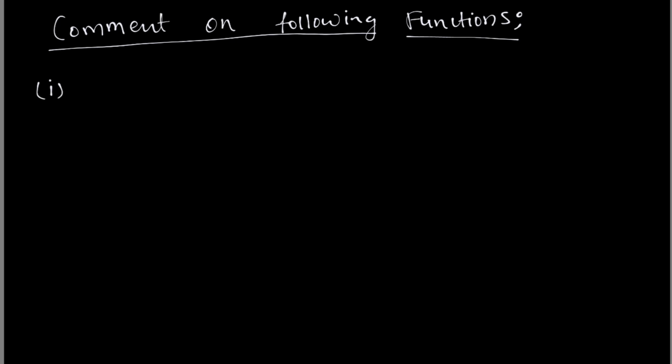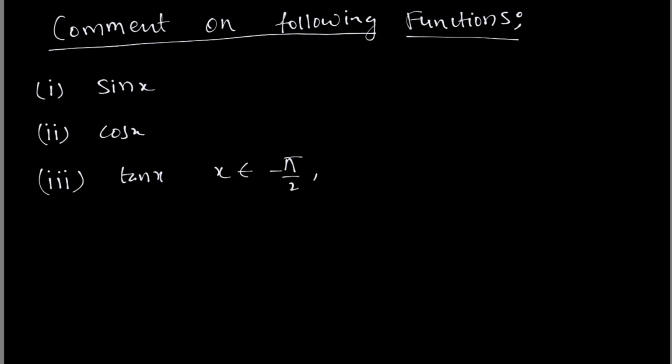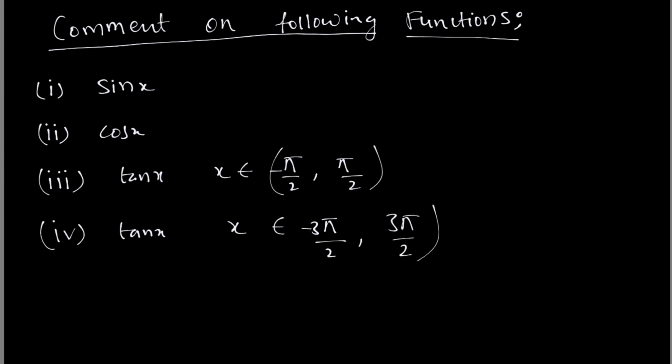And I want you to give your opinion or comment on trigonometric functions like sin x, cos x, and tan x, where x values are from minus pi by 2 to pi by 2, and comment on tan x when x values are from minus 3 pi by 2 to 3 pi by 2.